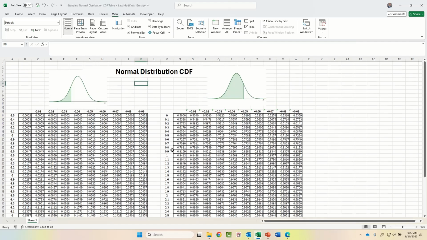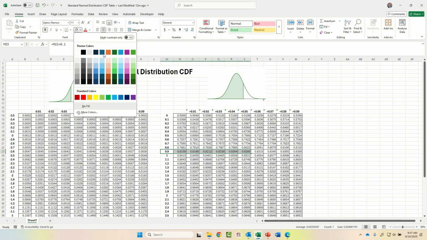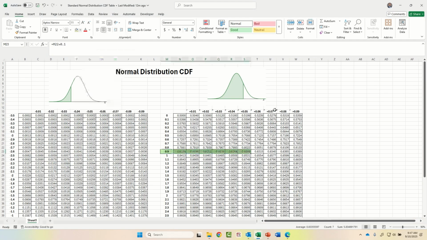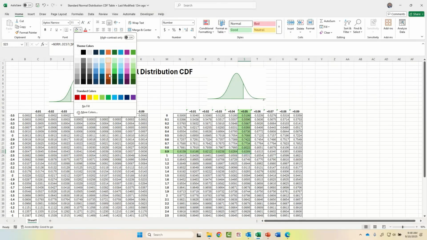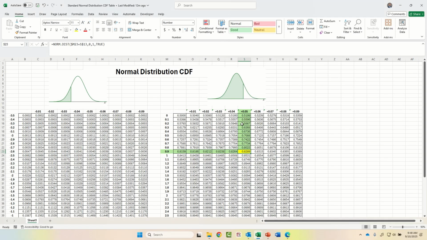Then you look up 0.9, and I'll highlight it for you so you can see better, and then plus 0.05, because 0.9 plus 0.05 gives us 0.95. The intersection of this row and this column, corresponding to 0.9 and 0.05, tells me the percentile.